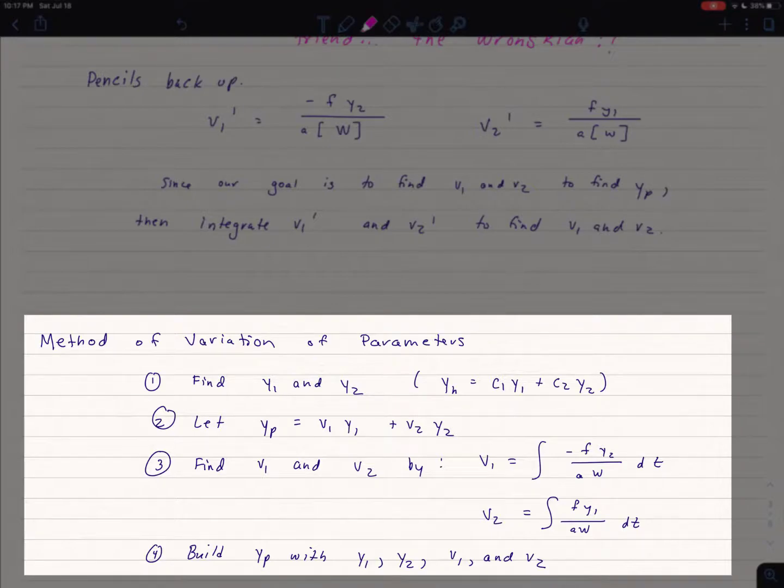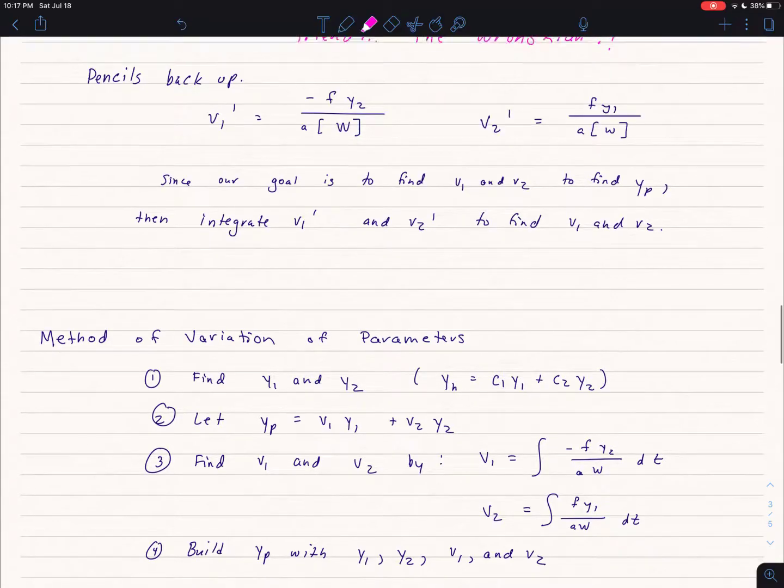I'm going to find v1 and v2 by integrating negative f times y2 divided by a times the Wronskian dt, and v2 will be the integral of f y1 divided by a times the Wronskian dt. And then we'll simply build yp with our y1, y2, v1, and v2.